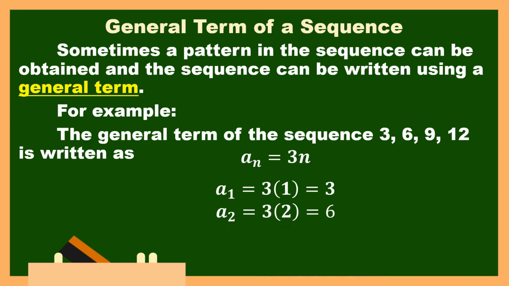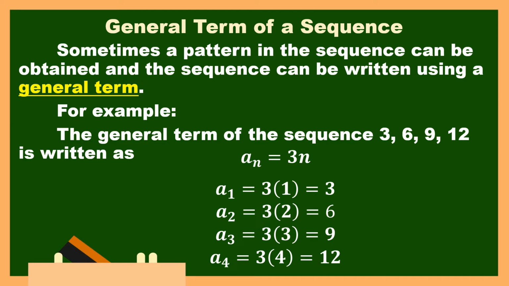At para naman sa kanyang third term, yung n naman ay papalitan ng 3. Kaya siya magiging a sub 3 equals 3 times 3 and the answer is 9. At para sa fourth term, syempre, yung n naman ay papalitan din natin ng 4. So, magiging a sub 4 equals 3 times 4, which is equal to 12.